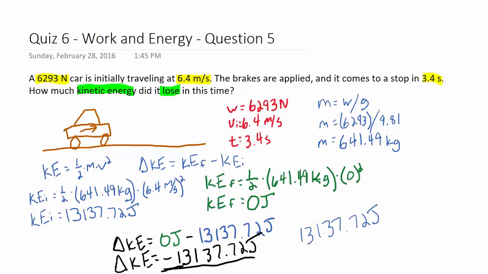But if we have two negatives here, that would make it seem like we lost negative 13,137 joules, then we would have actually gained. So I'm going to try to get clarification from Kevin on this one. All right, thank you.